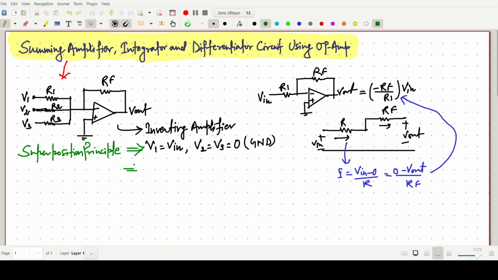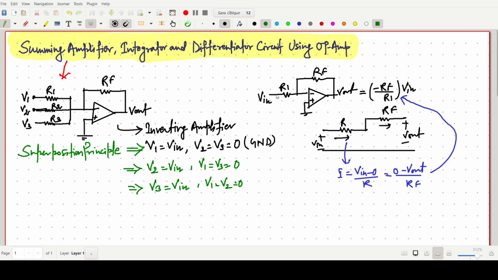Okay, second one, when we are considering v2 equal to, simply say, v in, v1 and v3 will be ground, and third case, when v3 equals v in, and v1 and v2 are ground.